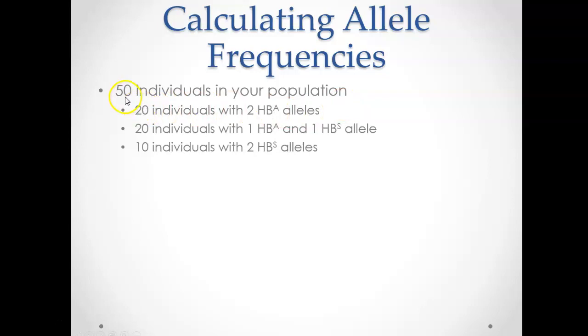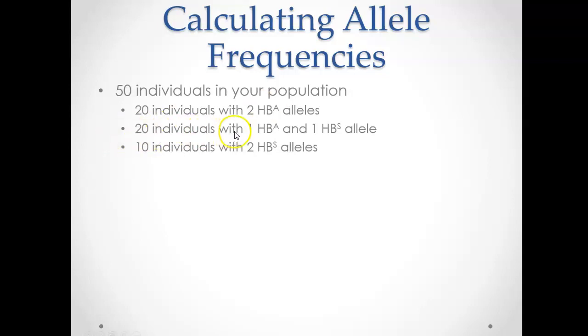So let's start here and say that we had 50 people in a population. So it's a relatively small group of people, okay? We had 20 individuals who were completely normal for hemoglobin. So HB is our hemoglobin allele, and this capital A here just means that it's the normal hemoglobin, okay? So they have normal red blood cells. We have 20 individuals who have two alleles for normal red blood cells.